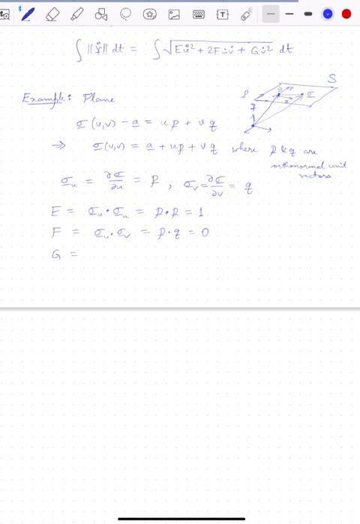And finally, we have G, so G is sigma v dot sigma v. And this again gives us Q dot Q, which is essentially 1.